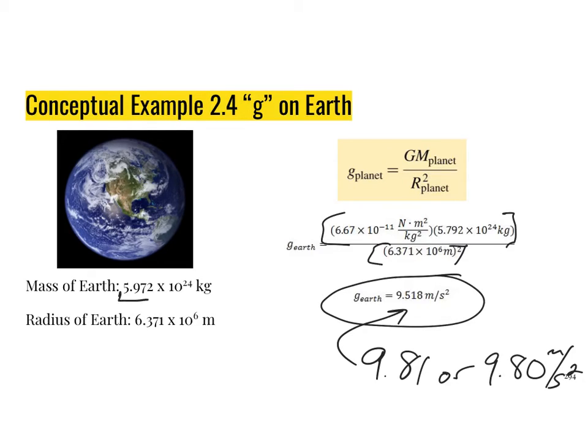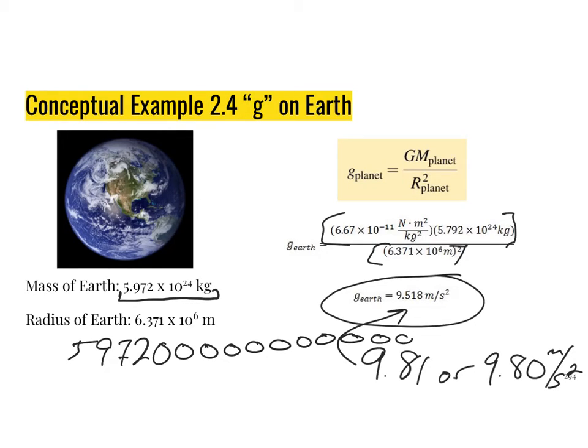And the reason is, of course, we have the mass of Earth to the nearest, well, you're going to hate this one. 5.972 times 10 to the 24th kilograms. I'm sorry, I'm going to get rid of that point. 5, and then 24 zeros, kilograms.